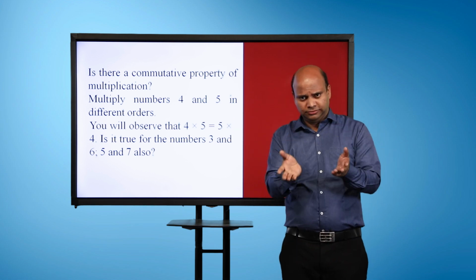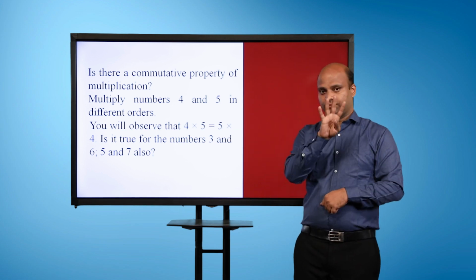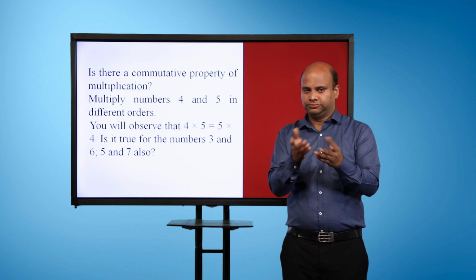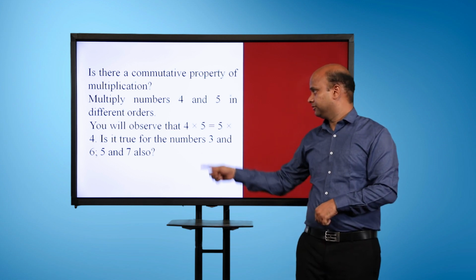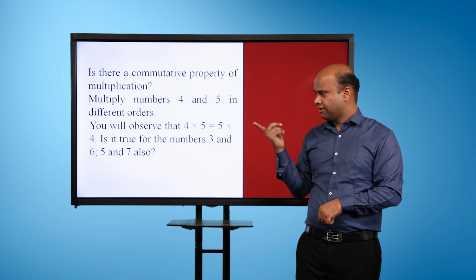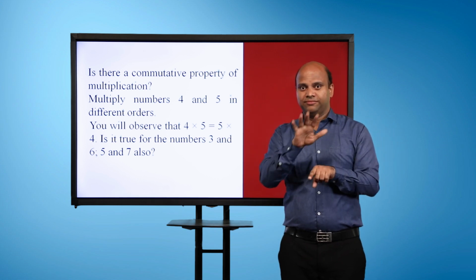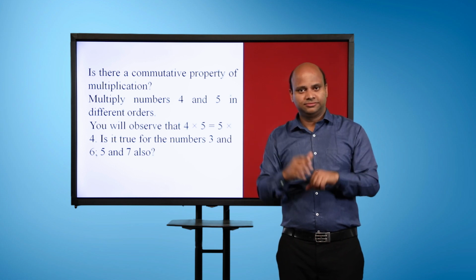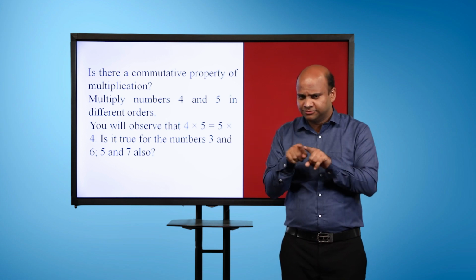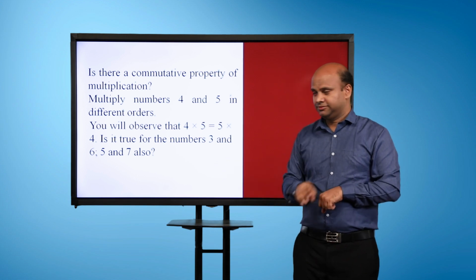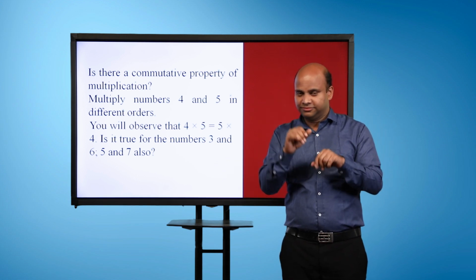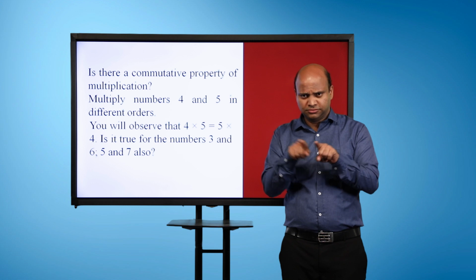Multiply numbers 4 and 5 in different orders. You will observe that 4 multiplied by 5 is equal to 5 multiplied by 4. Is it true for the numbers 3 and 6? 5 and 7 also?